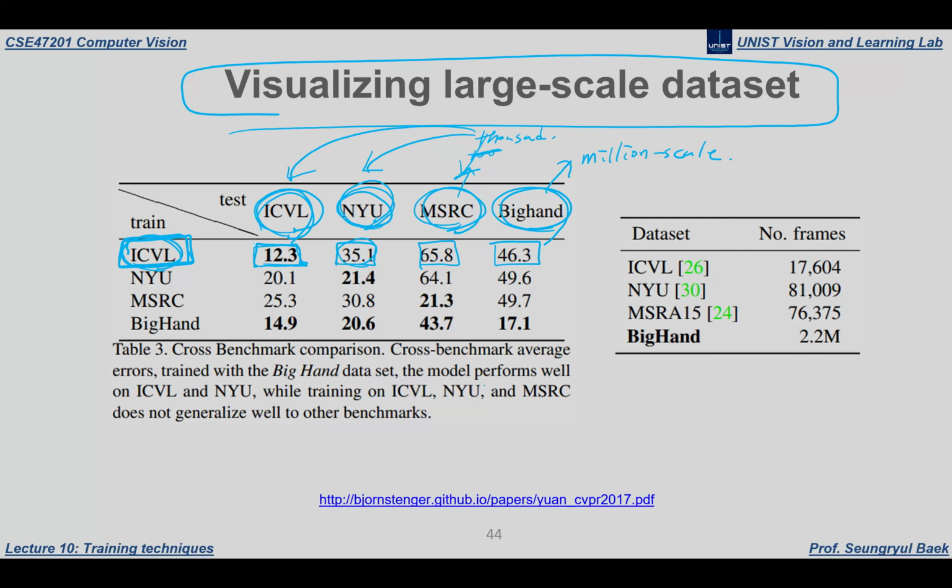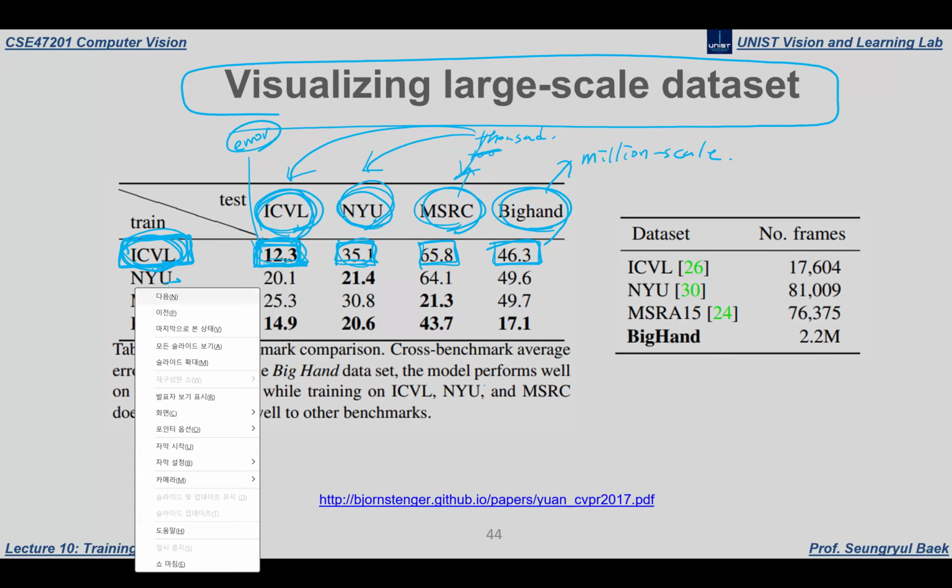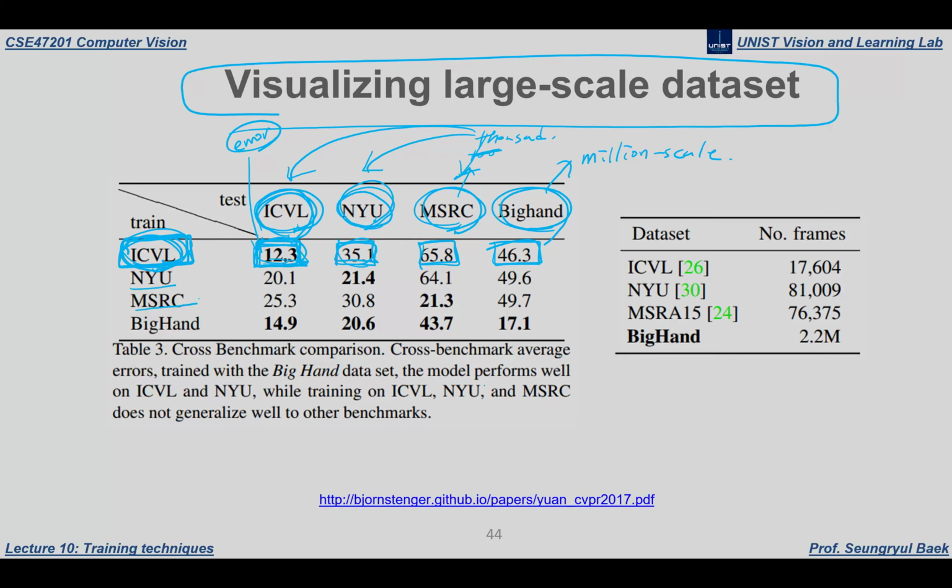This is showing the error, the distance between ground truth and prediction, so less is better. When trained on the same benchmark's training data and tested on the same benchmark, when the benchmark itself is small, it produces a good result, but testing on a different benchmark, the error becomes higher.